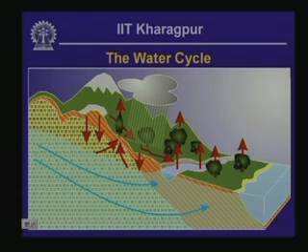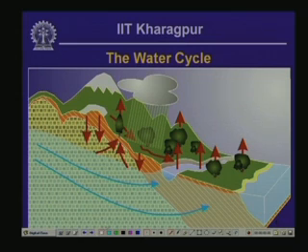It could be in the form of rainfall or snowfall, and then once the precipitation hits the surface, depending on the permeability of the surface soils and rock, a portion of the water that precipitates is going to percolate through the formation, and it is going to get into the underground layers, a portion of which might be available for use, and another portion of the water that precipitates on the surface is going to flow downslope in the form of runoff.